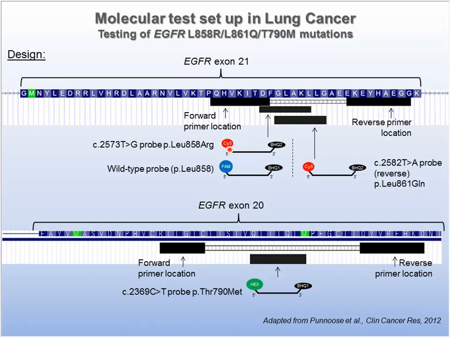You have a probe labeled in red for the L858R mutation. Again, a probe labeled in red for the L861Q mutation, and the wild type probe labeled in blue. For the resistance mutation, the probe is labeled in green.